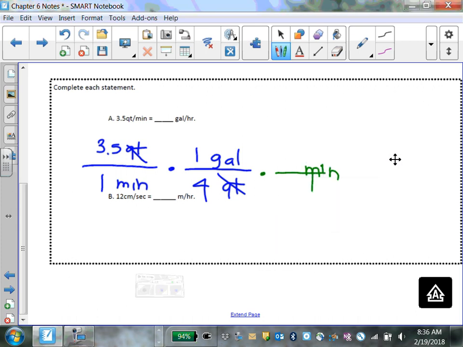All right, so hopefully you said 60 minutes, 1 hour. So now my minutes can cancel. This minute cancels with this minute. So if you notice, I'm left with gallons, which is what I needed, and I'm left with hours, which is what I needed.